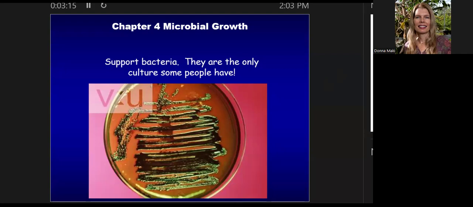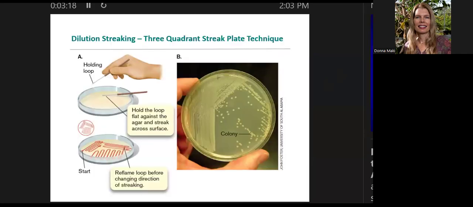And so you've already covered some of this in lab. So there's going to be some overlap that you'll recognize with the idea of using the wonderful streak plate technique in order to get to know your microbe in terms of colony morphology.